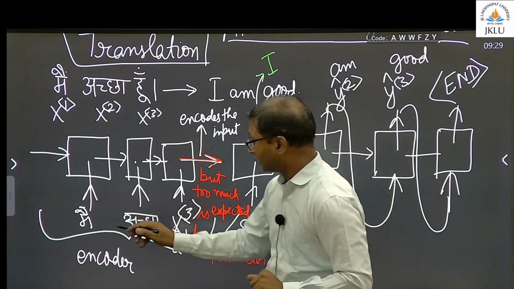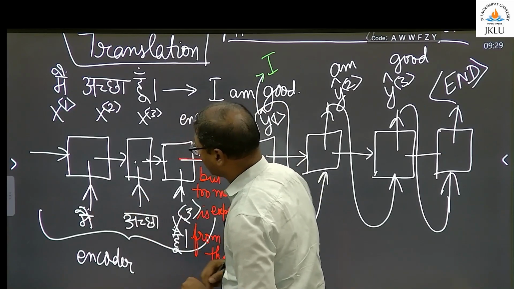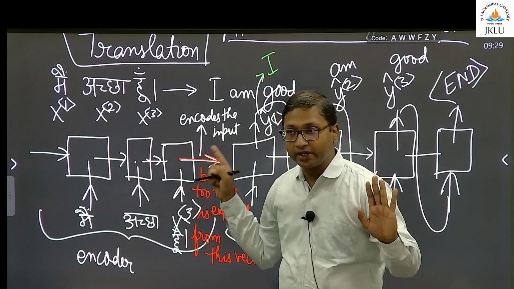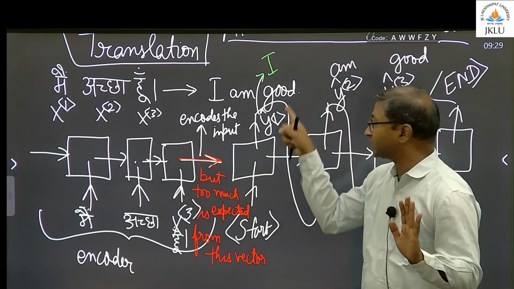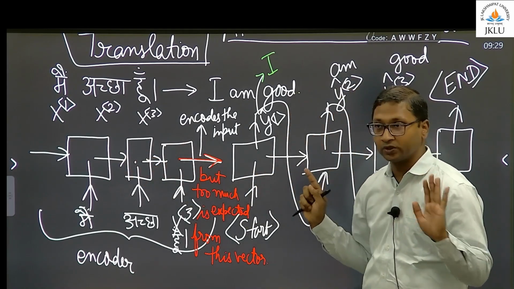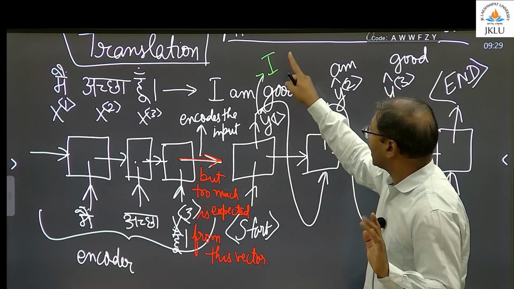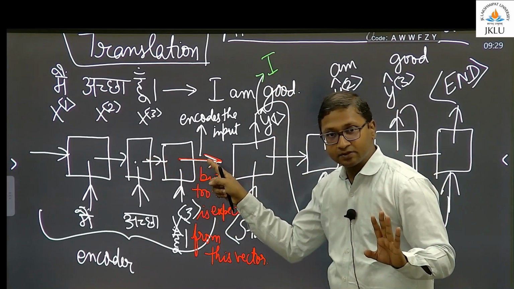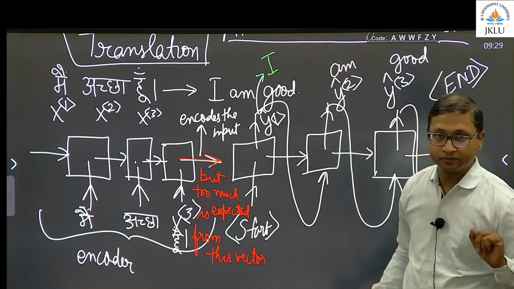Now is this whole thing encoded? I have this whole thing. When I am generating my output, I have this whole thing, right? Now, how do I generate this? If I do it the LSTM way, I take this, apply this, and I hope to get I.